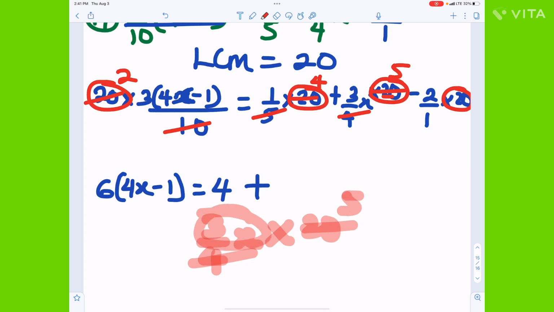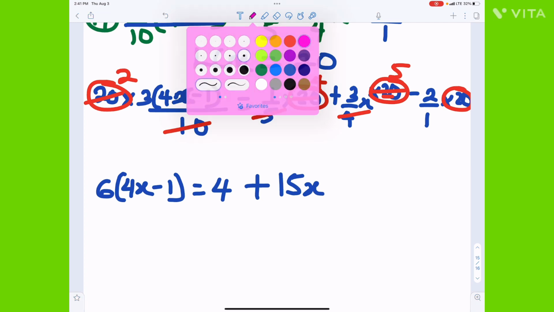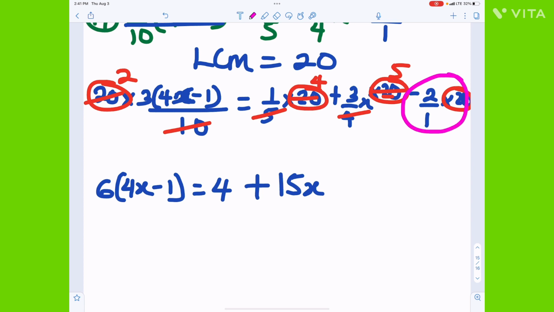So 5 times 3x will give me what? 15. So 5 times 3x is going to give me 15x. That's what I have left. And on this side, I have minus 2 times 20 to give me what? Minus 40.